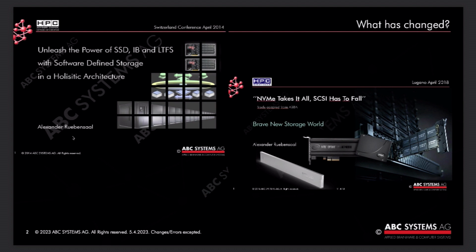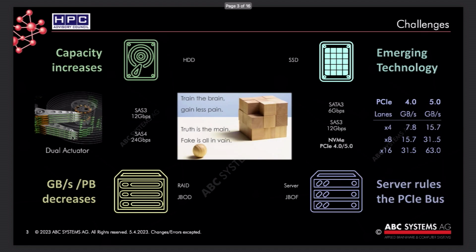That's the past, but what has changed? Let's have a look. Now there are certain challenges. Disk drive capacity increases permanently. On the roadmap, we may even see this year or next year 30 terabyte and 50 terabyte. However, what about performance?